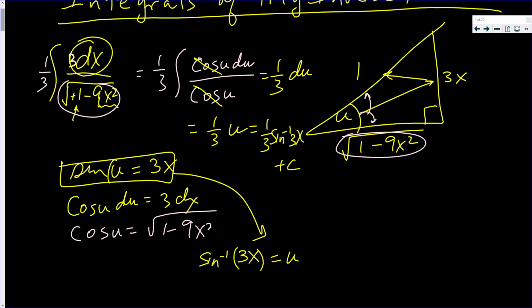You're allowed to interchange these two; if there is no inverse, you put an inverse. So there is the answer, 1/3 sine inverse of 3x plus constant.